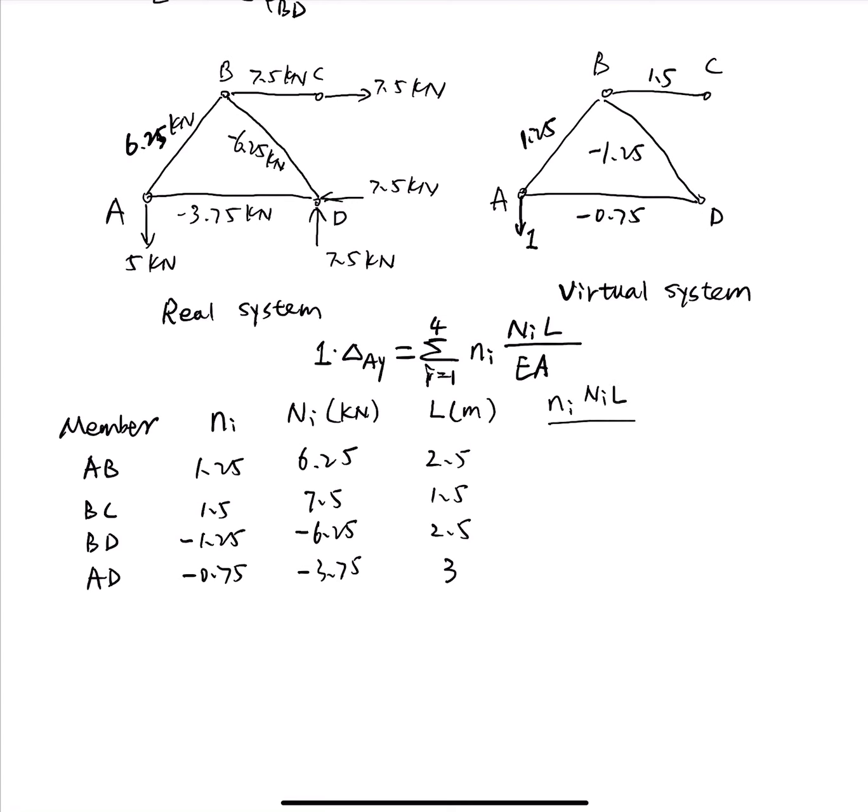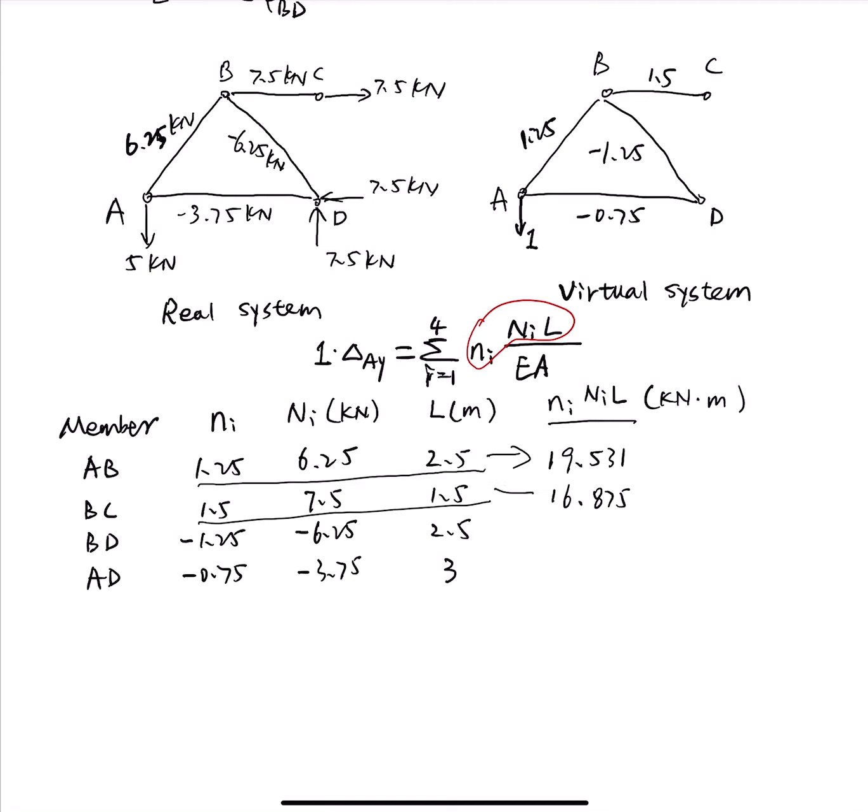We got this. For the first row, we got a value, and the unit will be kilonewton meter. So this is just this part. Okay, so we got the value for the first row. Once we calculate, go to the third one, we got this value. It's very straightforward. Just calculate this times this times this, just like that.